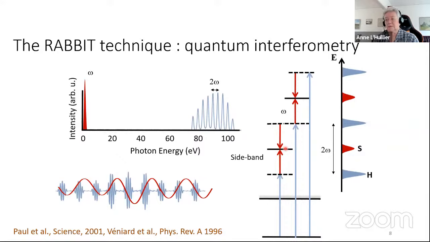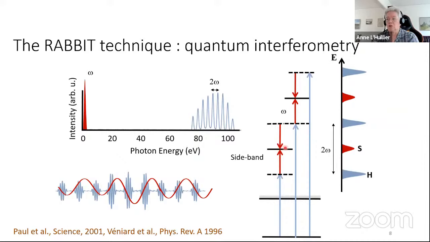And you see that these sidebands can be reached by two paths: a path corresponding to absorption of one harmonic plus a laser photon, or absorption of the next harmonic and emission of a laser photon. So there are two paths to reach the same final state. In quantum mechanics, we add amplitudes and not intensities. So we have an interferometer.